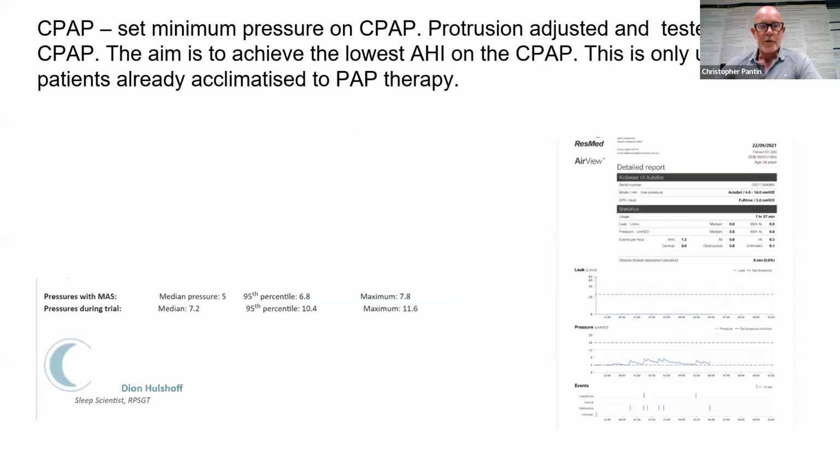Now, the other way of doing it is to use CPAP, so to use continuous pressure. This is actually probably more useful, and we haven't done a lot of these. We're probably now going to start looking at it more, because the nice thing about CPAP is it actually gives you an AHI.